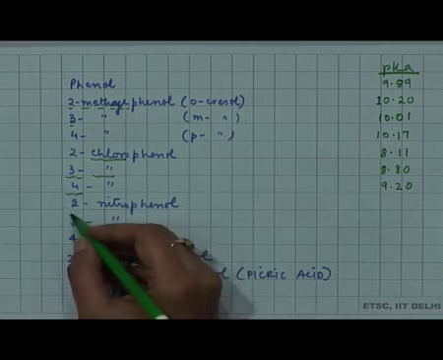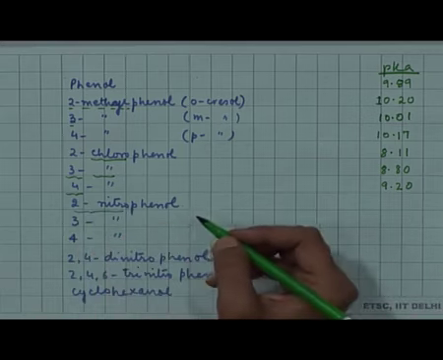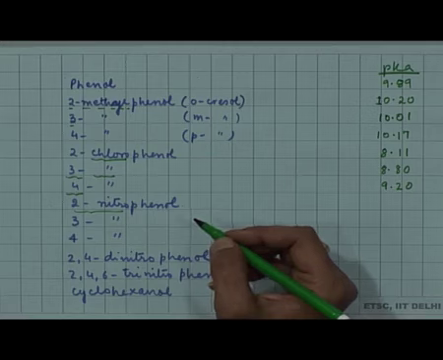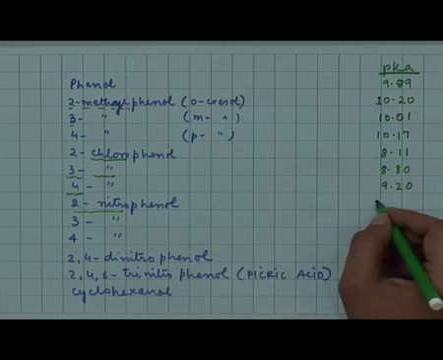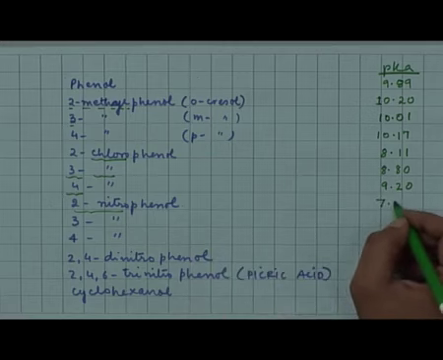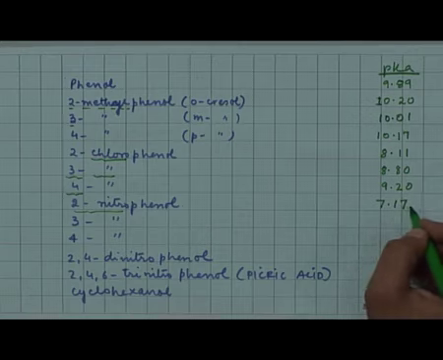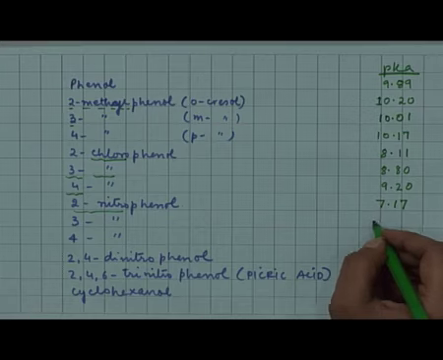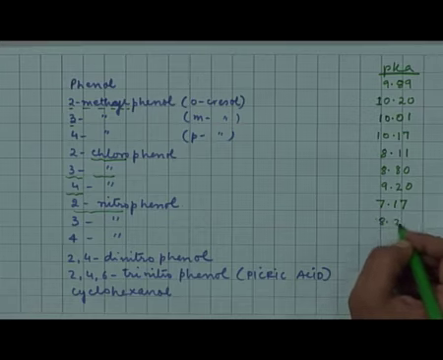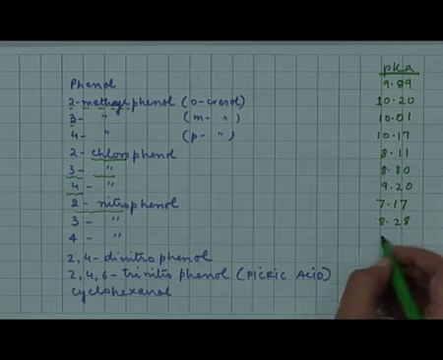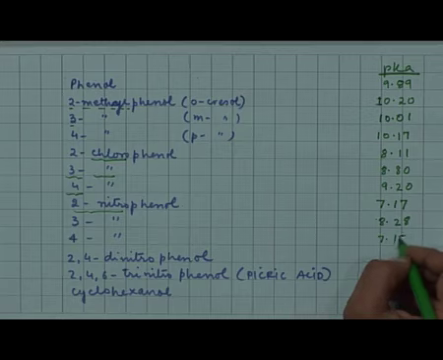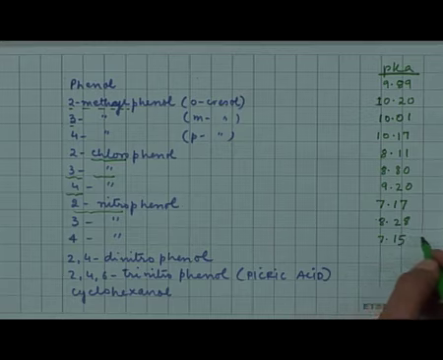2 nitrophenol, very strong electron withdrawing, it is the minus M effect which makes it most acidic, more than that of the simple phenol, and the pK becomes 7.17. With 3 nitro the minus M is not operative, it is the minus I, you have 8.28. With the 4 nitro derivative it is similar to the ortho, 7.15.